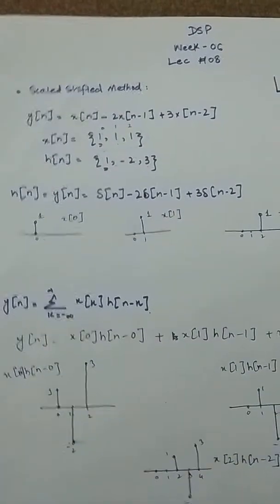So now we will see the flip and slide method. That is basically the convolution. I'm writing this here: flip and slide method.